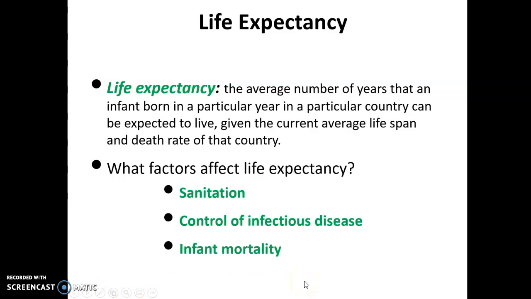Okay, so there are many factors that affect life expectancy. The big ones since the 1600s are an increase in understanding sanitation, a control of infectious disease, and a decrease in infant mortality. So all of these factors have come into play in the last 400, 500 years. Sanitation, big thing today even, right? Washing your hands. Control of infectious disease.